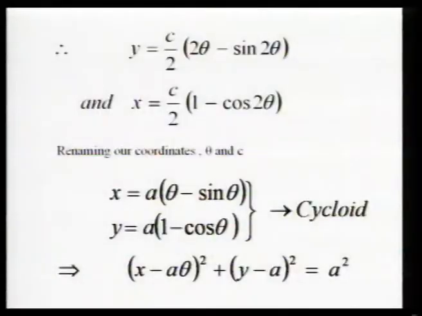As theta increases, the center moves along the x-axis. Therefore, this equation tells you that a circle is moving along the x-axis, and this equation is a cycloid.